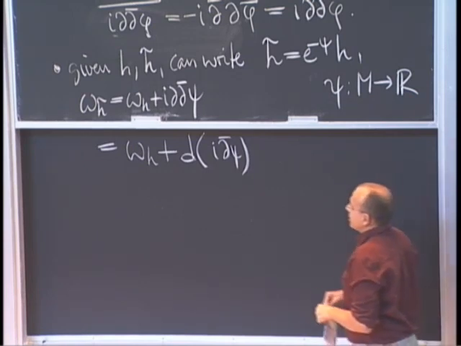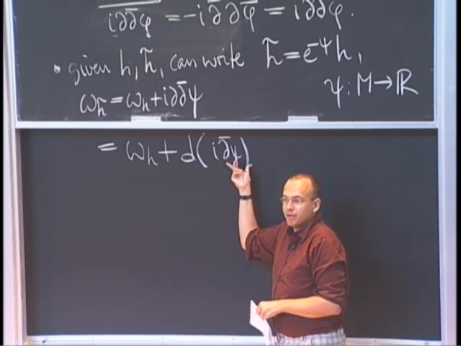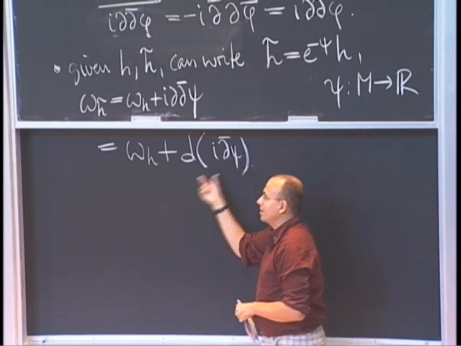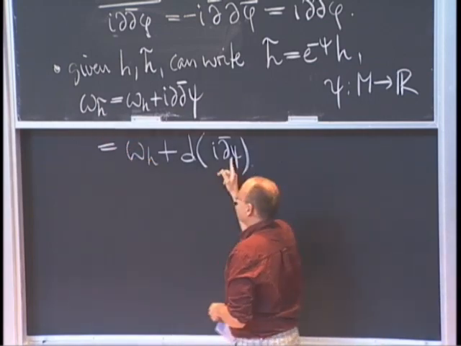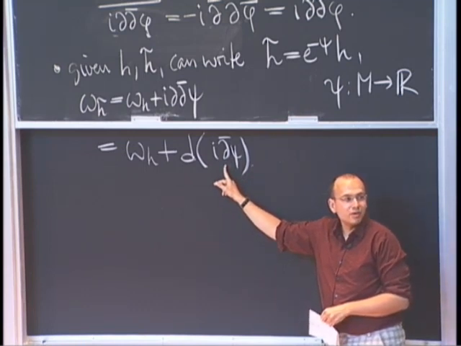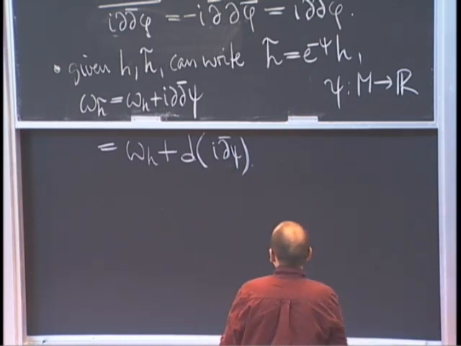Except that doesn't really help so much a priori because this is a complex form. Again, you want to write the difference as d of a real form, but this guy is real, that guy is real, so it's kind of clear that all you have to do is symmetrize with respect to complex conjugation to get something real.